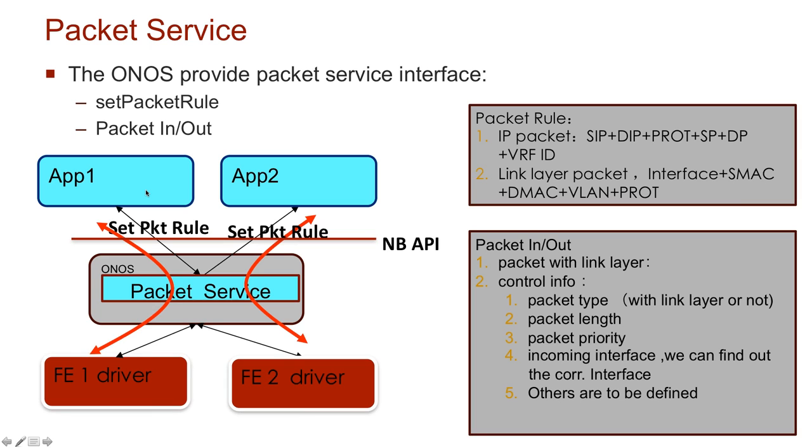So the current implementations is they only support the packet. Correct me if I'm wrong. There's anyone who implement this ONOS packet managers. So currently the packet is only taken care by the ONOS. They won't send it out to the outside the applications. It's what I learned, right?